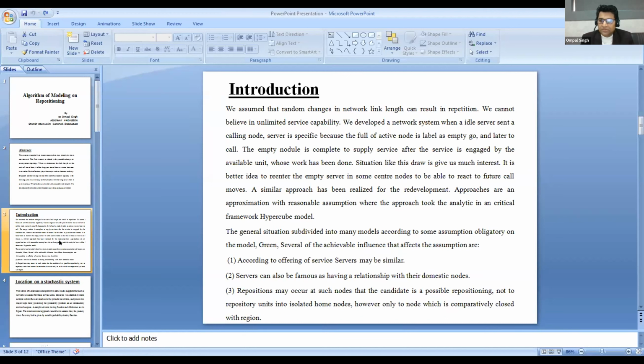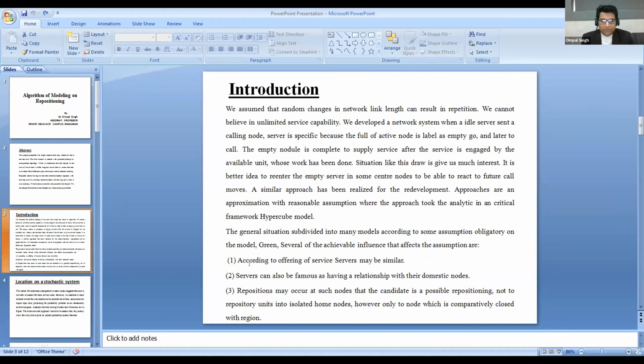Situations like this draw much interest. A better idea is to reposition the empty server to some central nodes to be able to react to future call moves. A similar approach has been realized for the redevelopment approach, or in approximate form with reasonable assumptions, where the approach took the analytic in a critical framework.